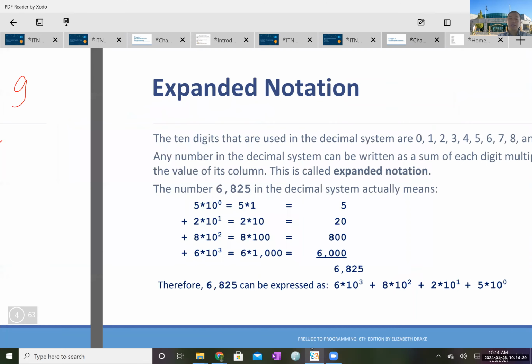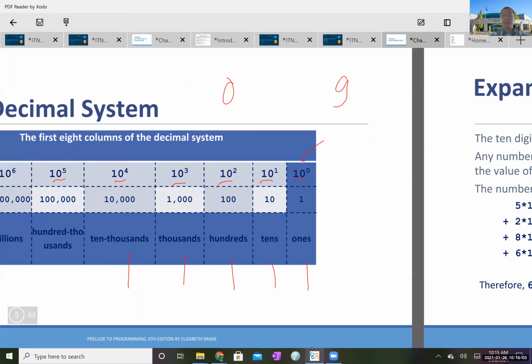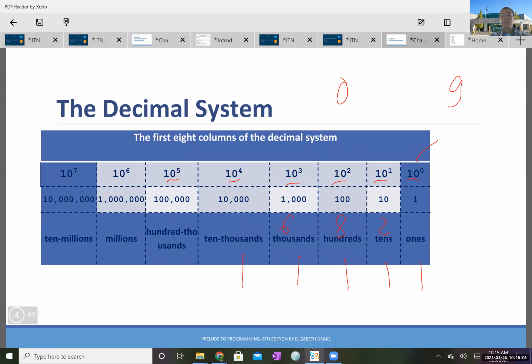Okay, so let's use the expanded notation. Think about 6,825. It is a combination of the 1 column, the 10 column, the 100 column, and the 1,000 column. You have 6, 8, 2, 5.